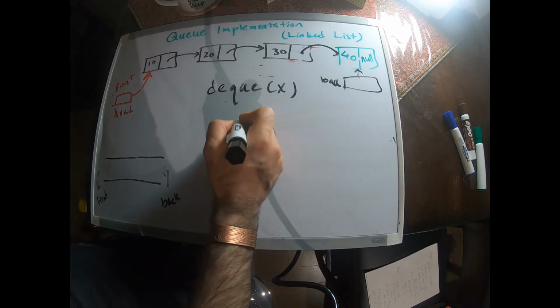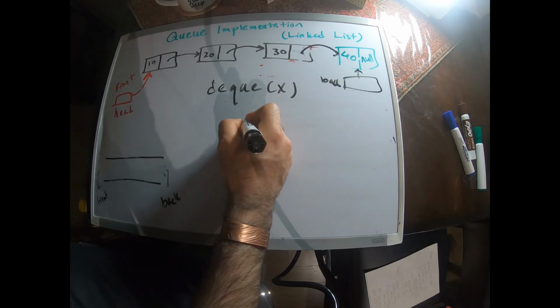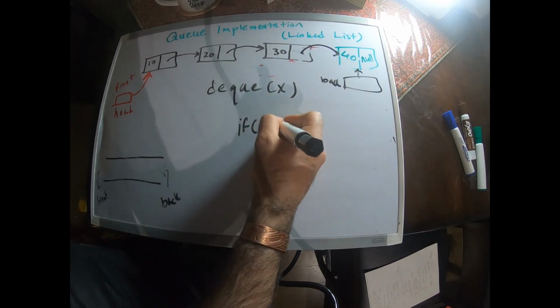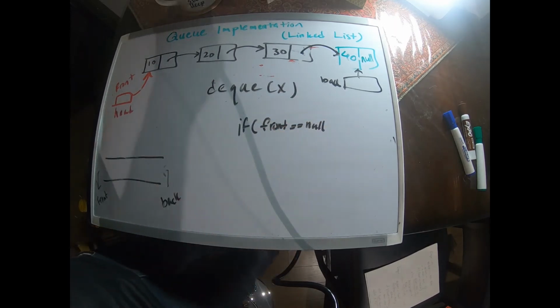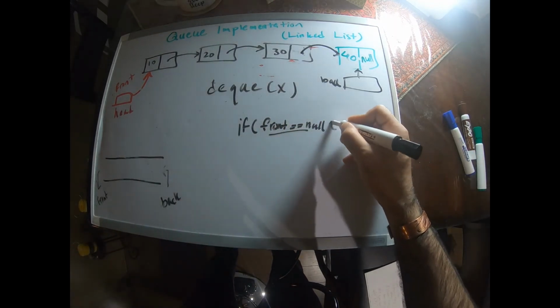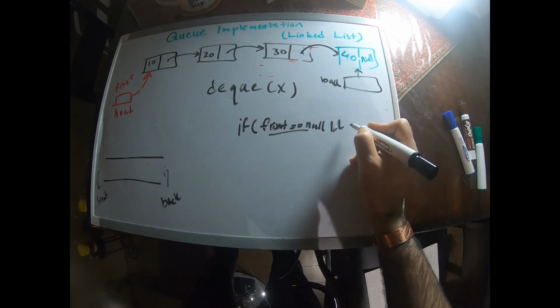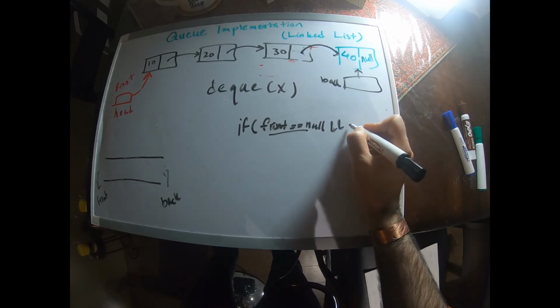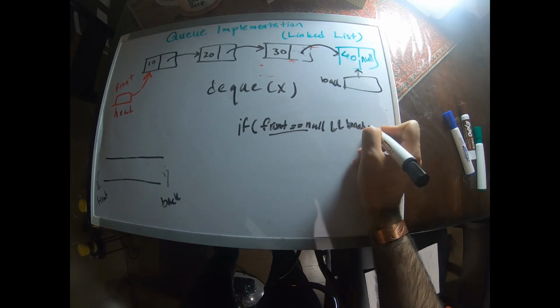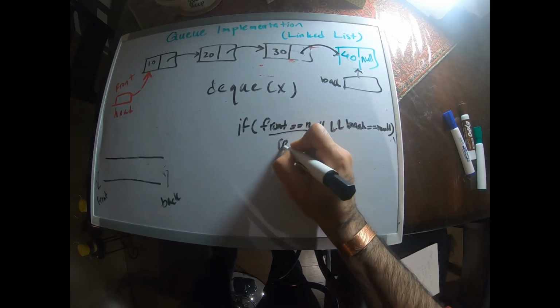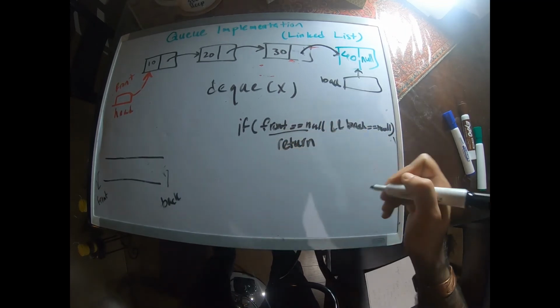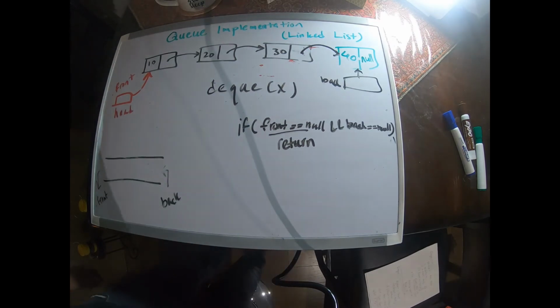So how can we check that? If front is equal to null, this is going to be sufficient, but to be general, I'm just going to write the whole thing. If back is also equal to null, then return, or throw an exception, or print a message and do whatever is needed here.